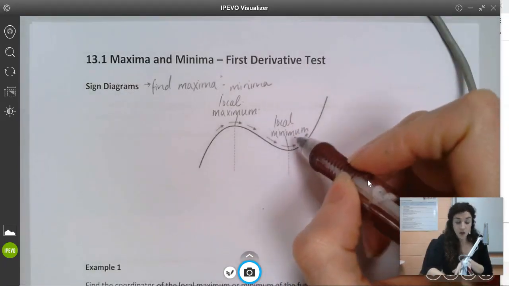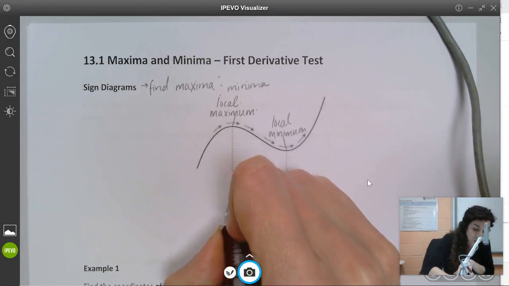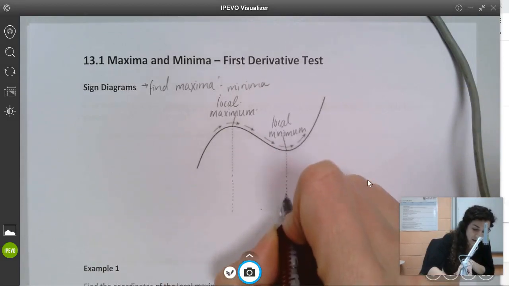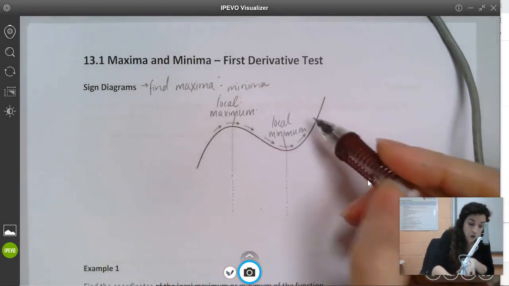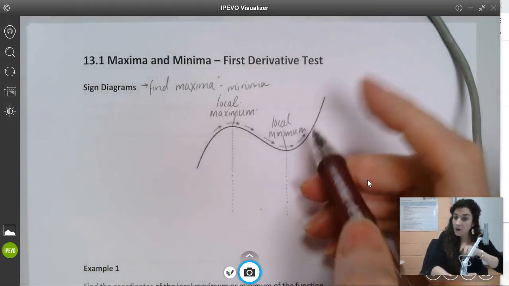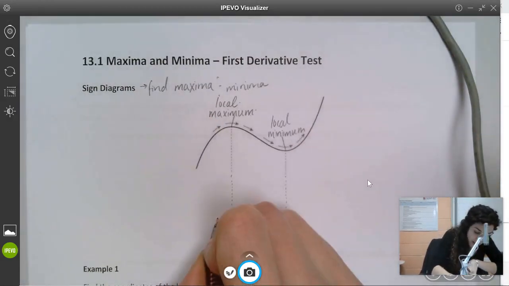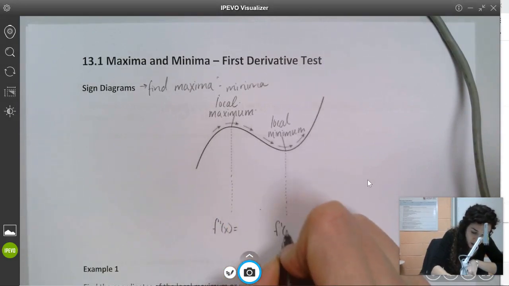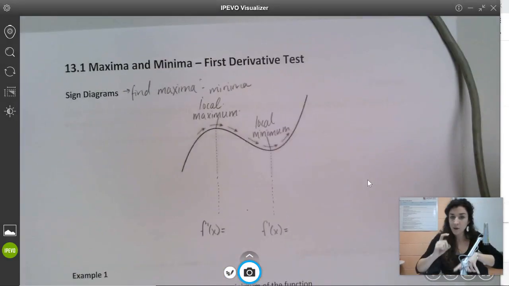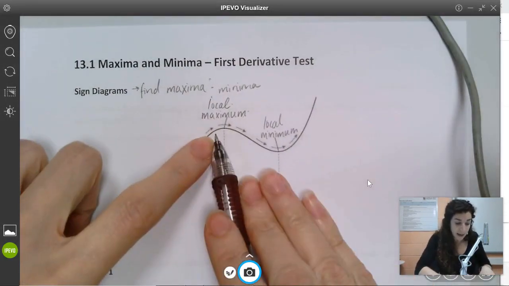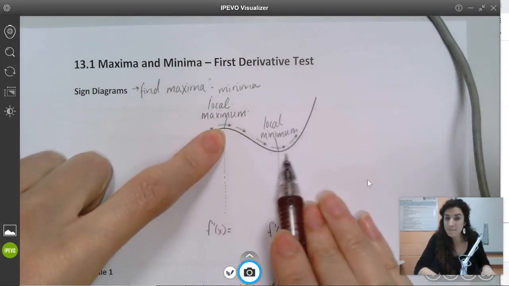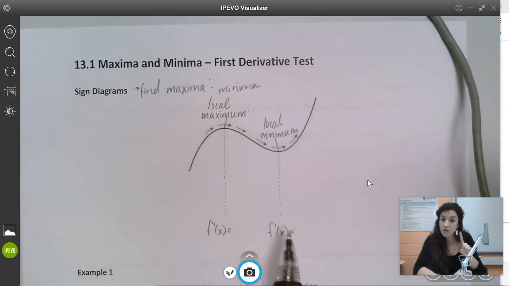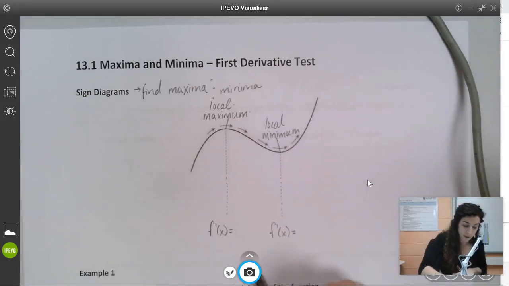And we know that this occurs when your derivative, your local maximum and your local minimum occur when your derivative f prime of x is equal to what number? We know that you have a maximum or a minimum when your derivative is equal to what number?